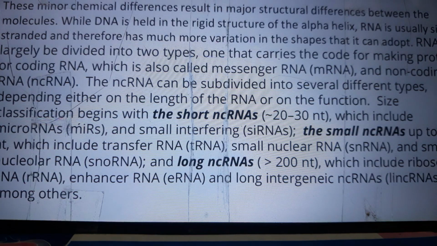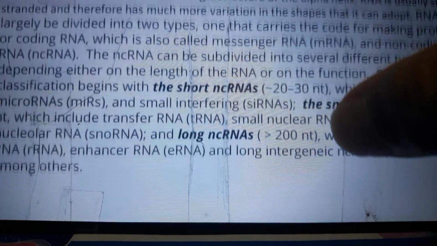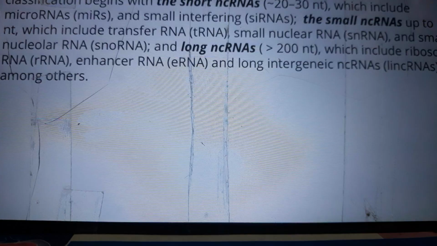RNA can largely be divided into two types: one that carries the code for making proteins, or coding RNA, which is also called messenger RNA, mRNA, and non-coding RNAs, ncRNA. The ncRNA can be divided into several different types depending either on the length of the RNA or on the function. Size classification begins with the short ncRNAs, 20 to 30 nt, which include microRNAs, miRNAs, and small interfering RNAs, siRNAs.